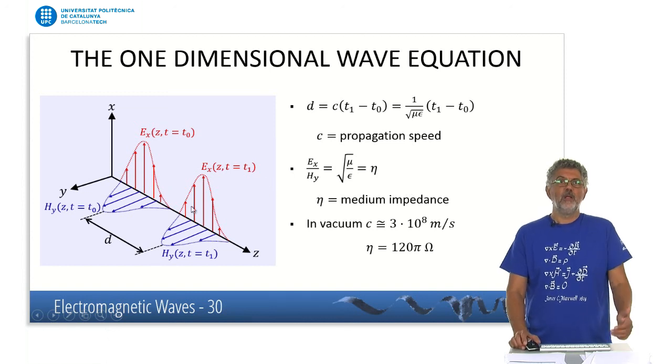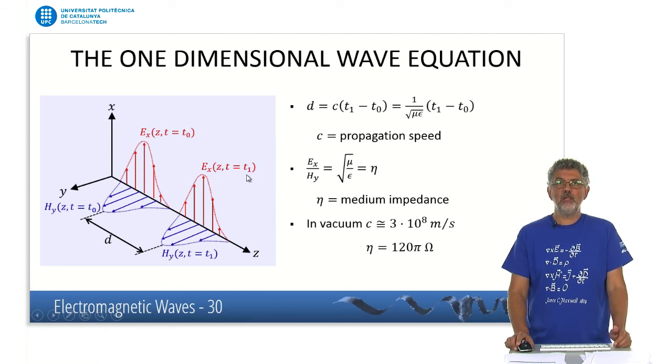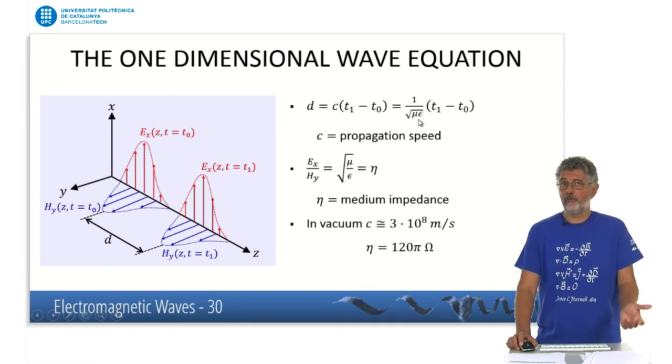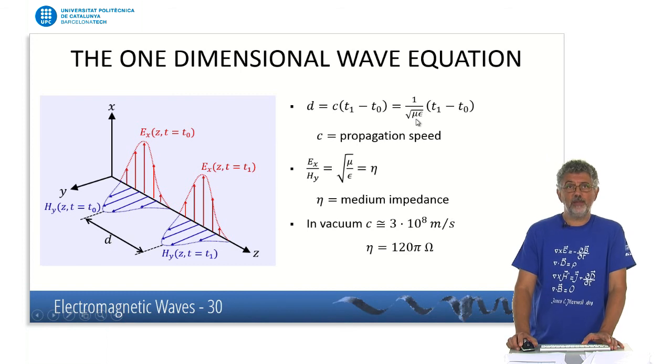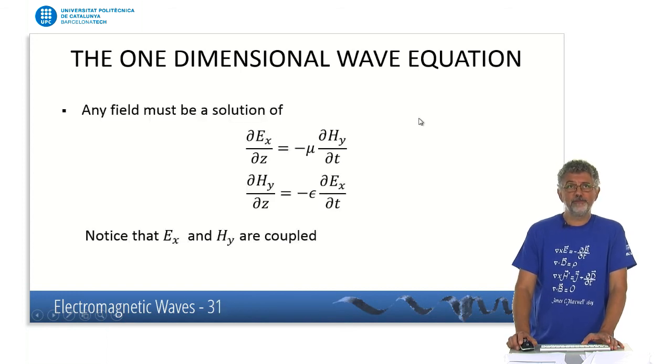And after another time, t1, that wave will have traveled, it will have moved along the z-axis, and it will have traveled a distance d. And of course, that distance is given by the time difference and the propagation velocity. Propagation velocity, as we have seen before, depends on the medium, and for free space is the well-known speed of light. So this is the situation we have.